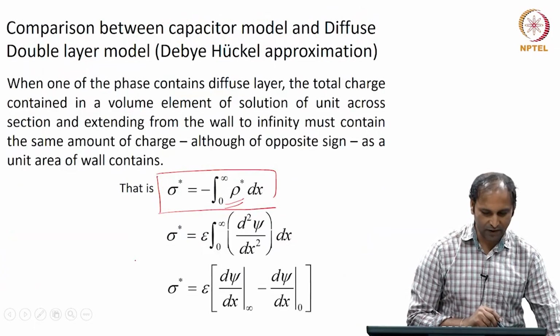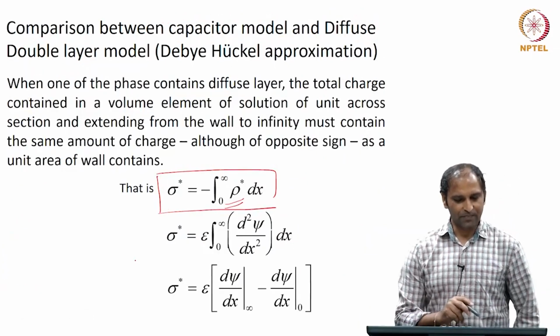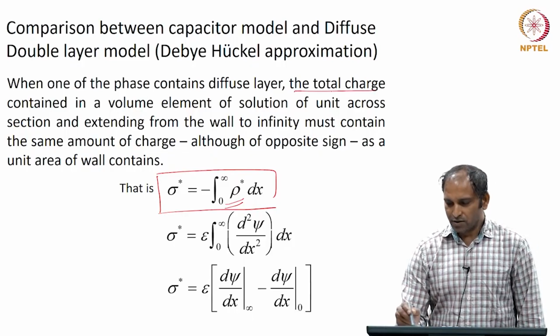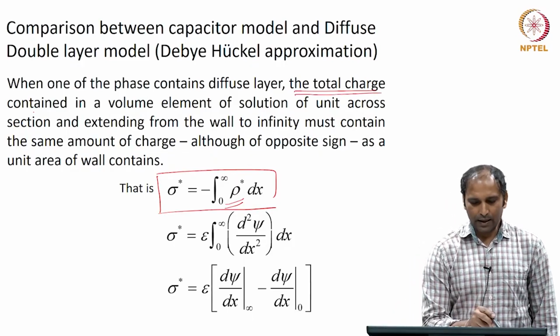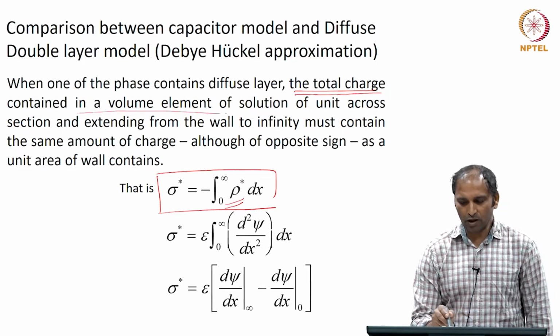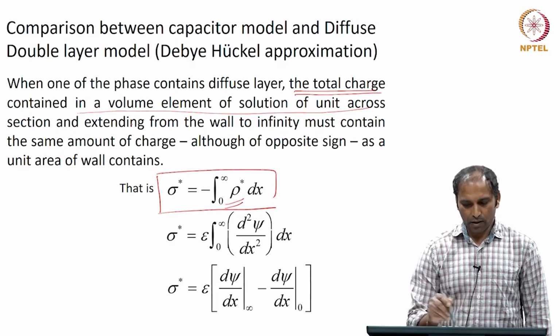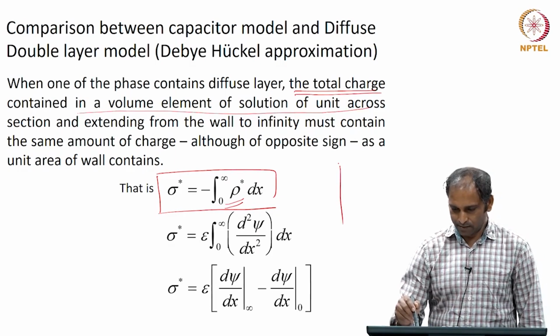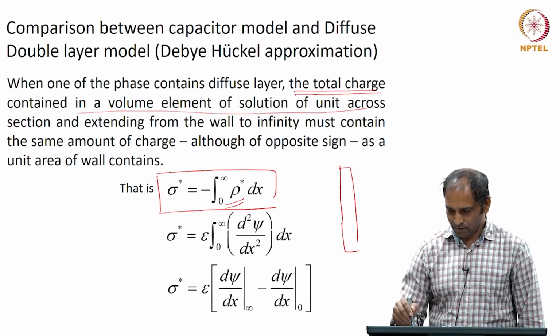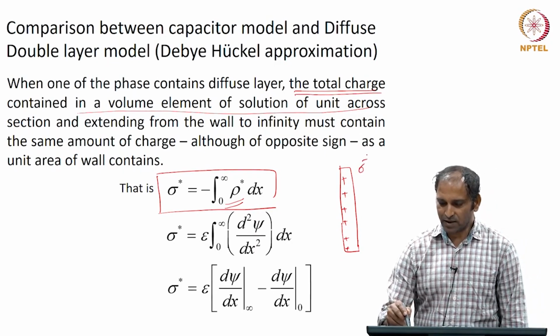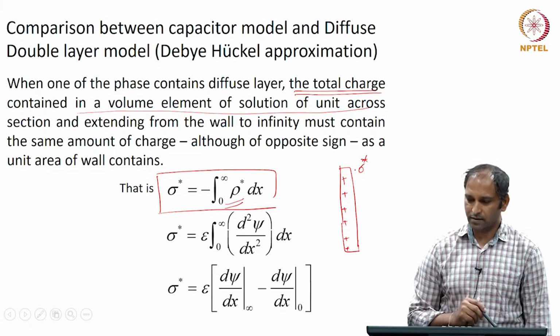The other way of saying the same thing would be, the total charge contained in a volume element of a solution across, let me put it this way. So, I can define sigma star, right.